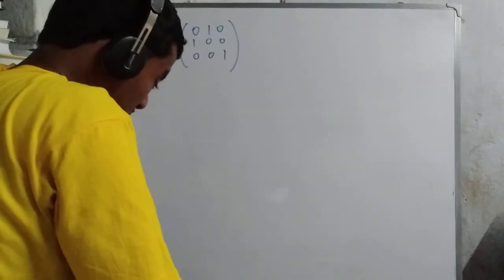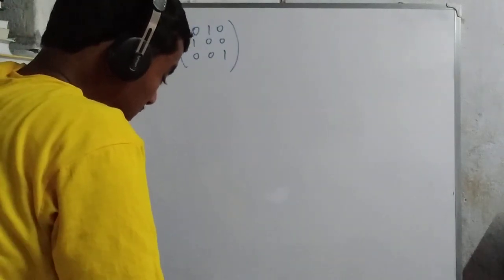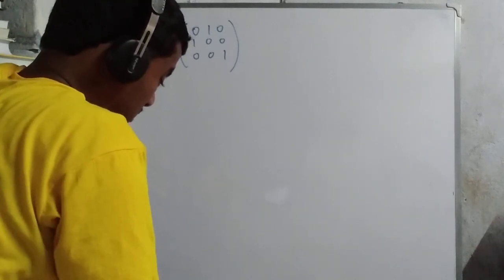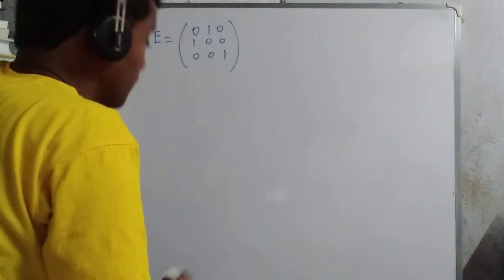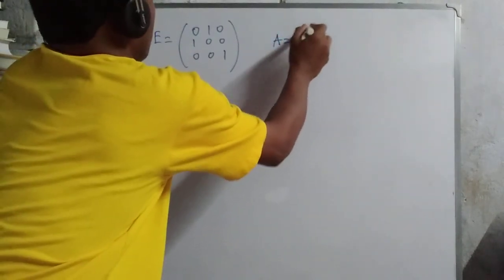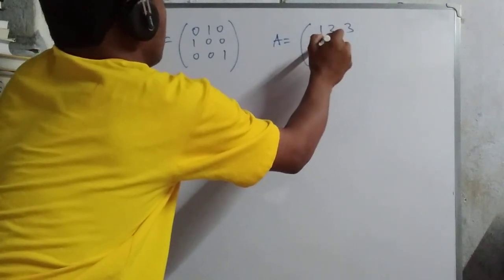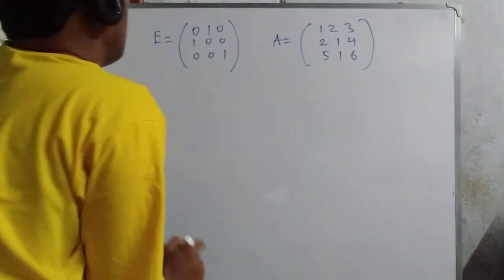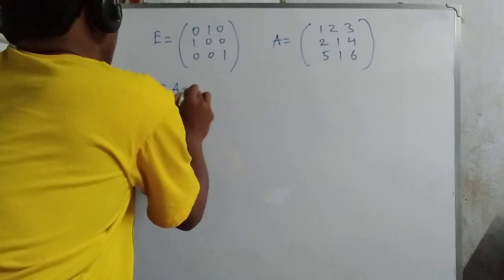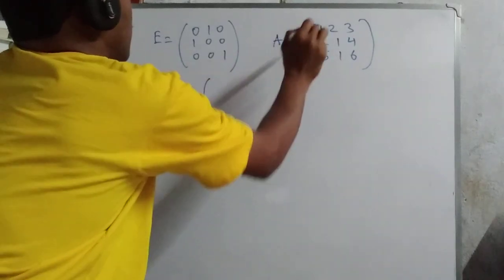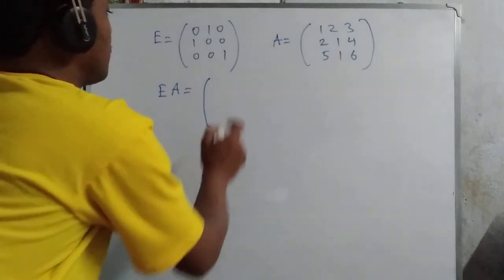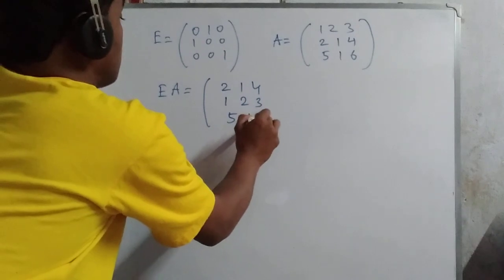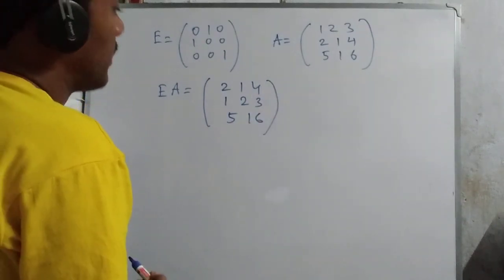Then EA equals B. We write A equal to 1 2 3, 2 1 4, 5 1 6. Then EA equals 2 1 4, 1 2 3, 5 1 6. In this way we write this one.